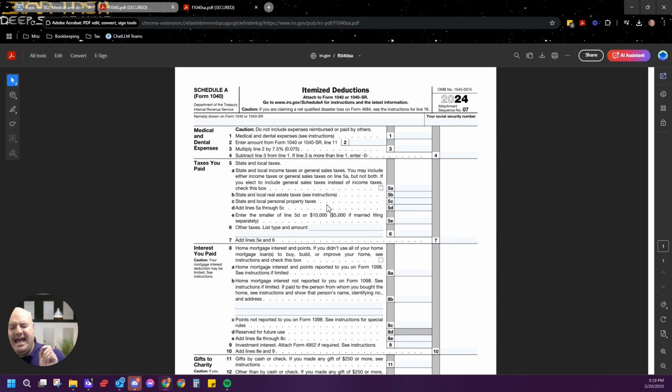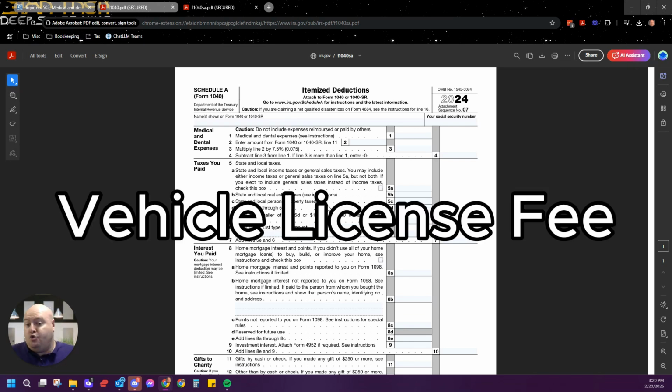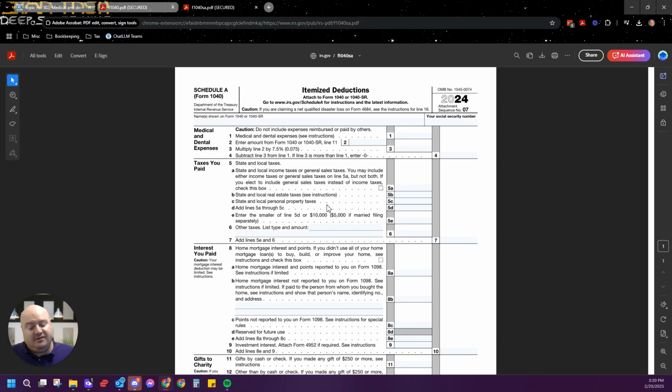That's basically a certain part of your registration. On your registration form or your receipt, you'll see where it says vehicle license fee. That's part of the registration amount you paid. So let's say you paid $300 for your registration for the year. Maybe only $20 or $25 of it is your vehicle license fee that you would be able to deduct here on your taxes. Okay. So add up all of these numbers and put it right here.